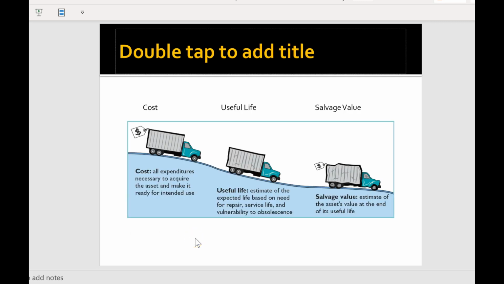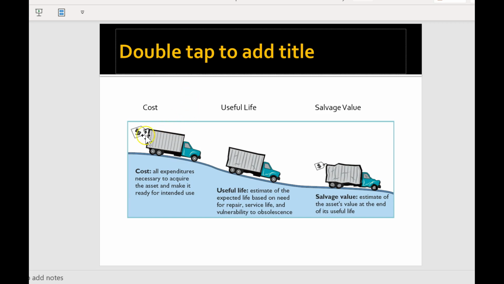Let's take a look at a typical PP&E and its stages. Let's say a firm purchased a truck. A truck is PP&E because it's material, it costs a lot, and it ends up serving the firm for more than 1 year and bringing future benefits to the firm.